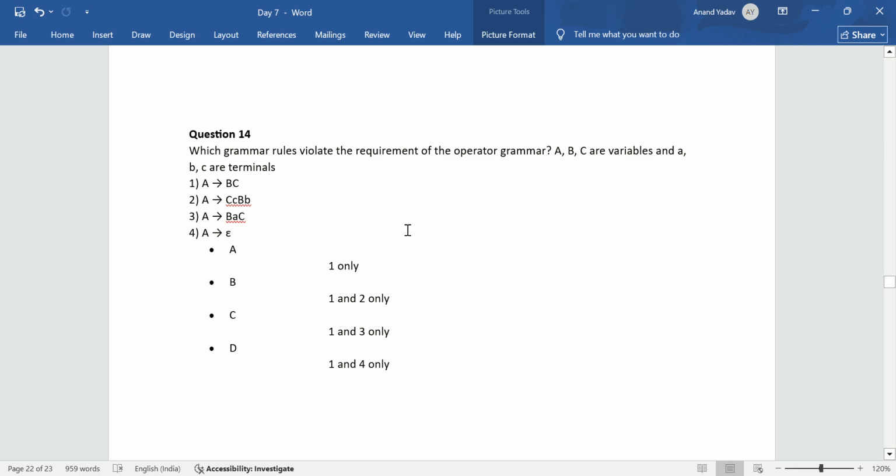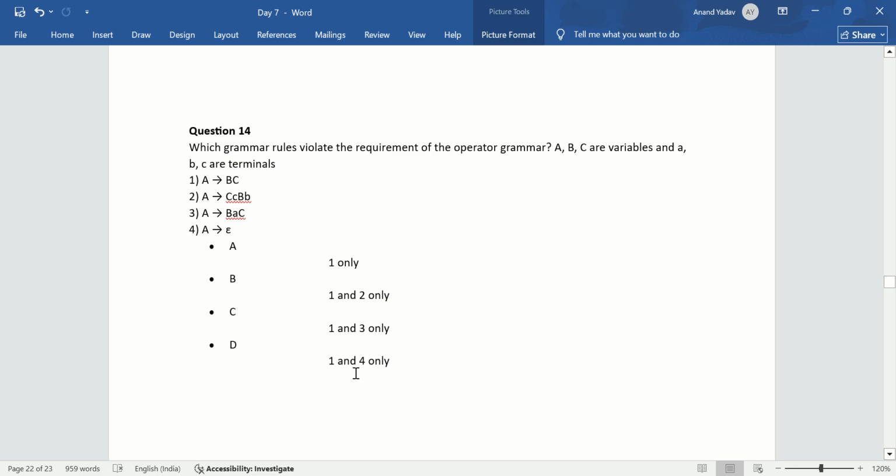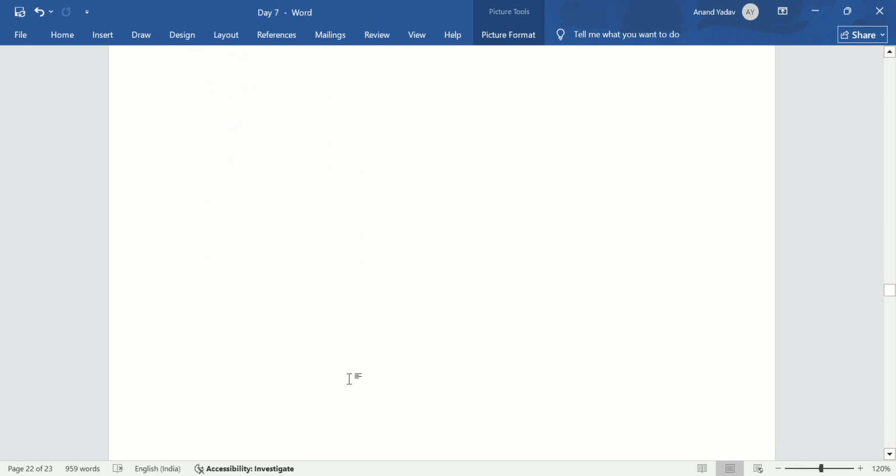Operator grammar has two limitations. First, if there are two consecutive non-terminals, then the grammar is not an operator grammar, and also there is no null production in an operator grammar. So 1 and 4 violate the rule of operator grammar. So for this question 1 and 4 only is correct. So option D is correct for this question.